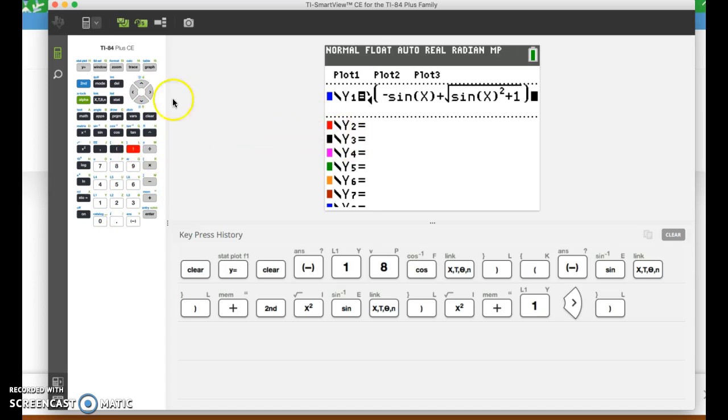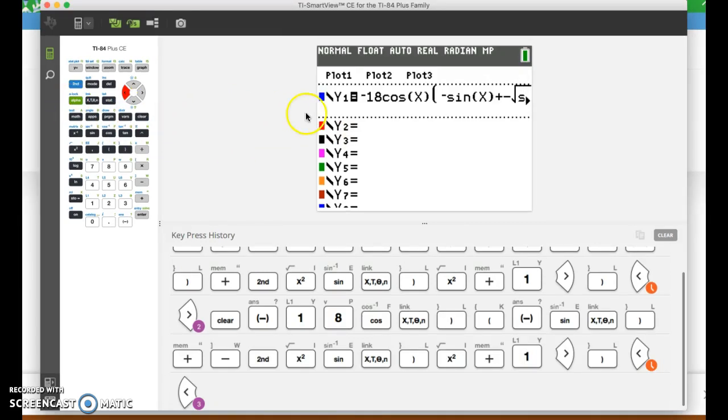So this is our equation that we're typing in, except for one little change. The one little change is that the negative out here is going to get distributed. So you have a negative times a negative, which makes a positive for this negative sine x. So I'm going to be deleting this negative sign here and the negative sign here.